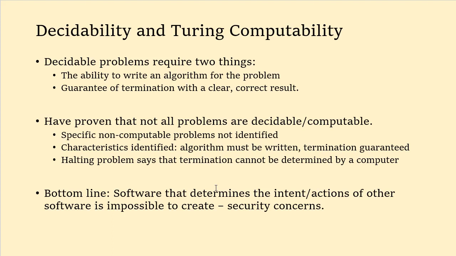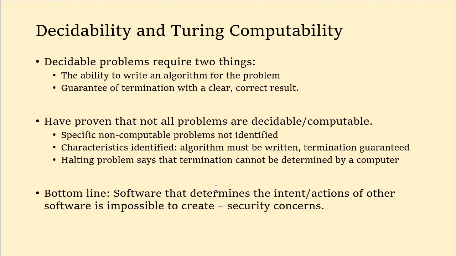So if you want to say, I'm going to write a piece of software, and students around the world will thank me forever because my software will look at their software, and if they have an infinite loop, my software will find it and tell them about it. You can't write that software.